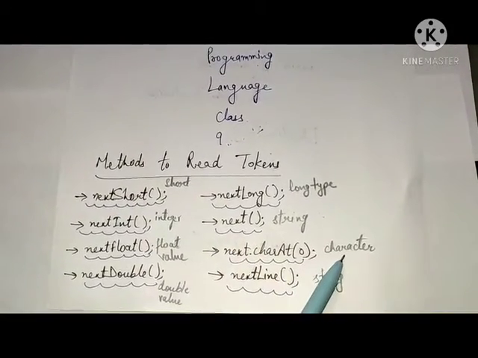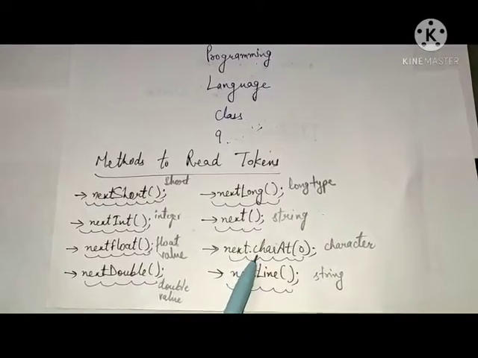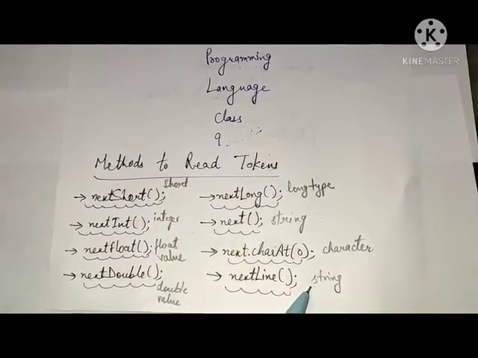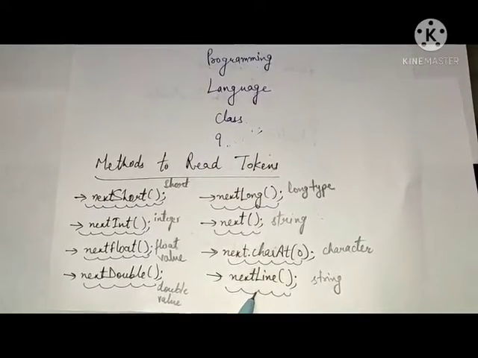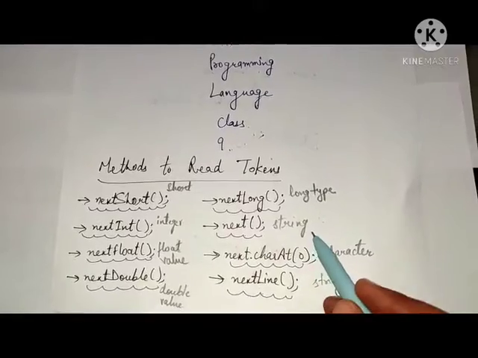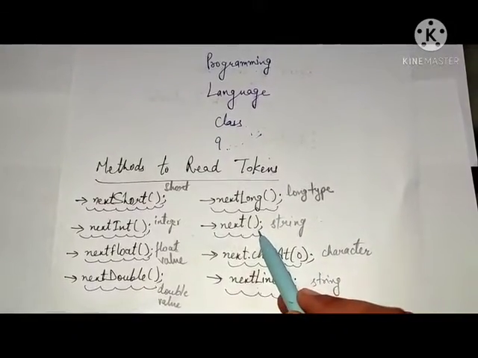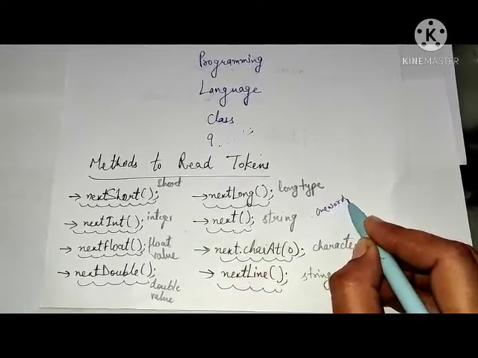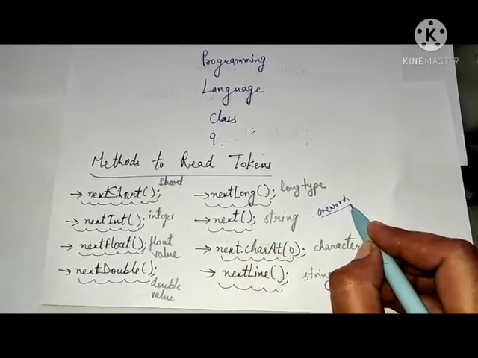For character we have to use next().charAt(), and for a string line we have to write nextLine. Then what is the difference between next and nextLine? The next method receives the input just one word at a time.